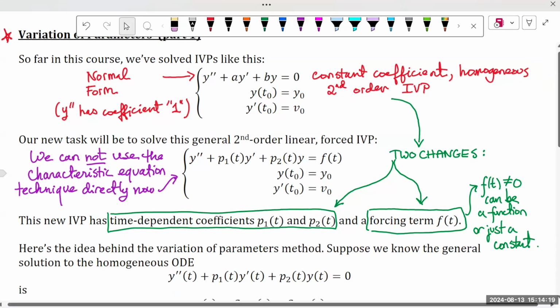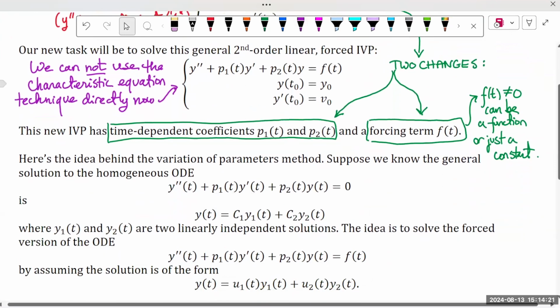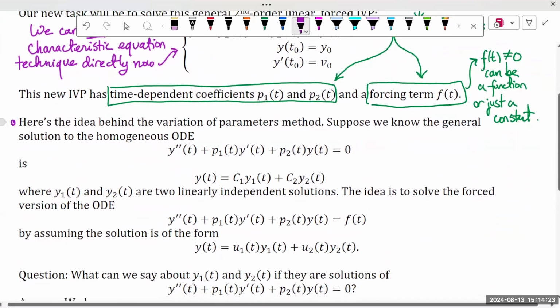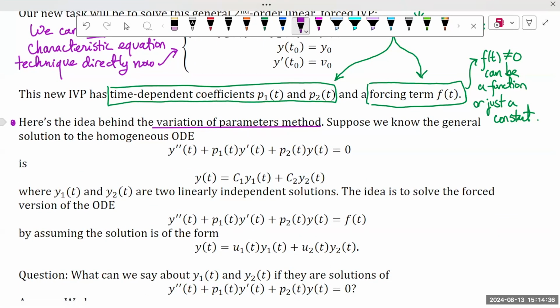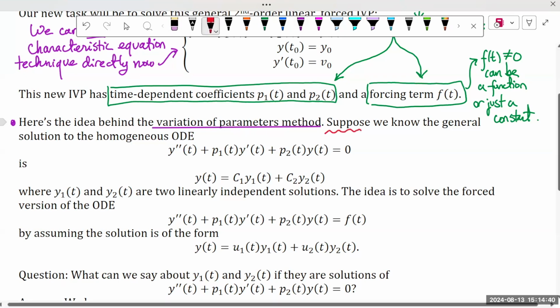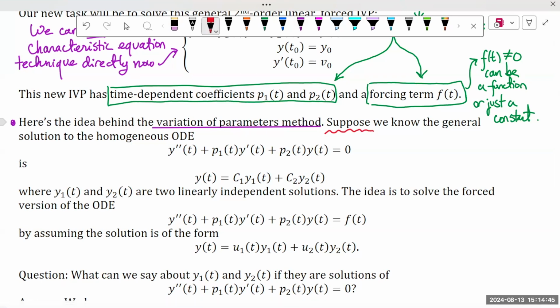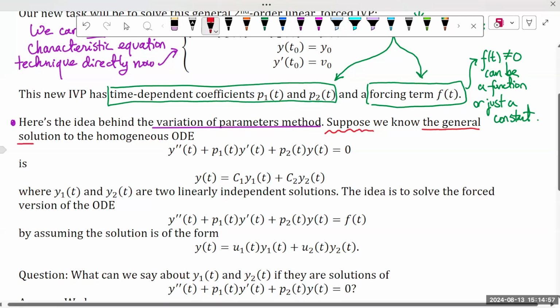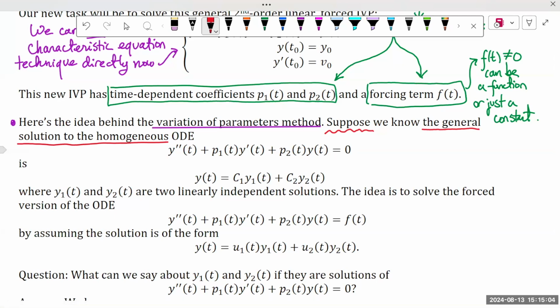So what can we do? What is the idea behind the variation of parameters method? We do have to start with a fairly important supposition, and that supposition is that we already know how to solve the associated homogeneous ODE. That is, we know how to find the general solution or the basis of the solution space to the associated homogeneous ODE.